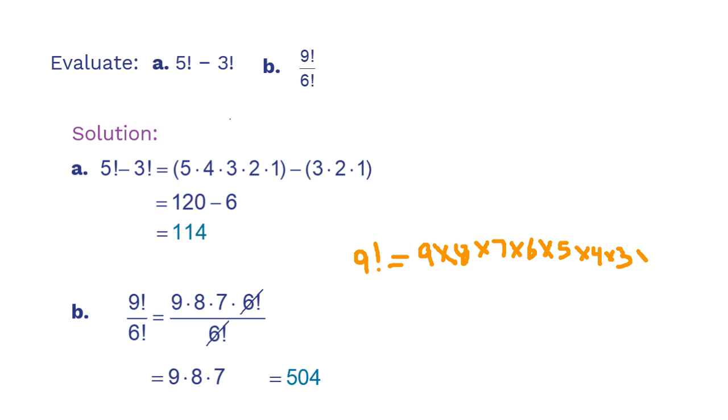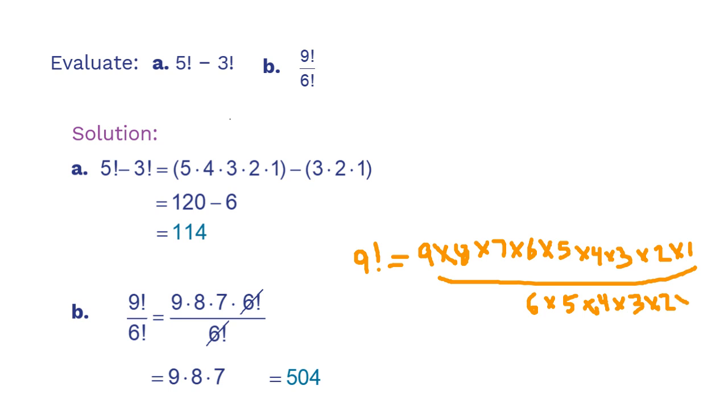Times 2 and then times 1. And if we divide this by 6 factorial, then notice what happens here. So let me just write them out. Times 3 all the way to 1.